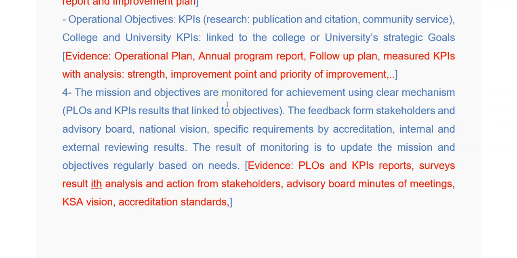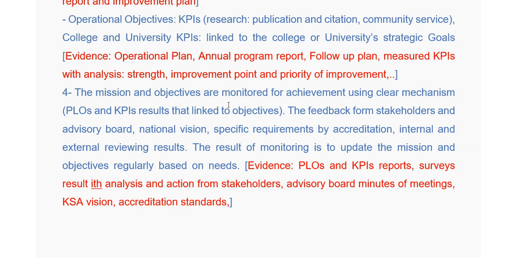objectives are monitored for achievement using a clear mechanism. Of course, you have a clear mission. It is published. It is linked to operational and educational objectives. You are measuring everything, but you have to monitor the achievements, which means every year you are trying to know the achievements of your mission and objectives.